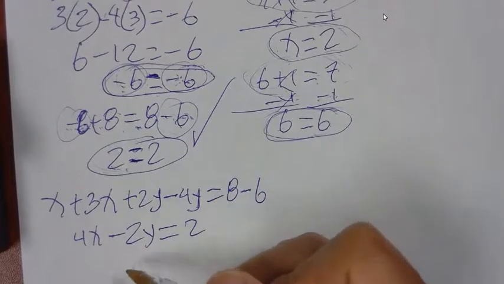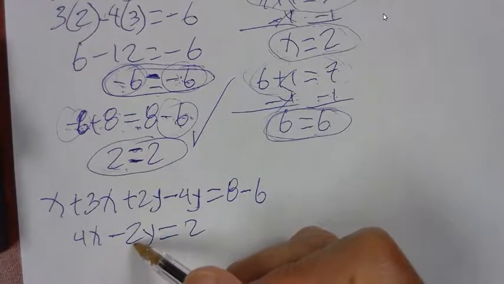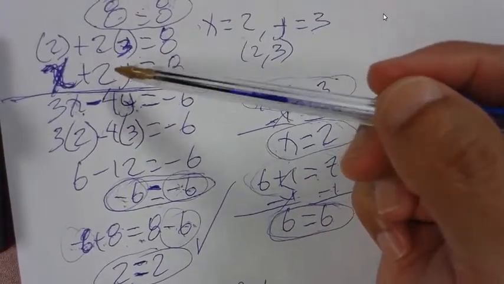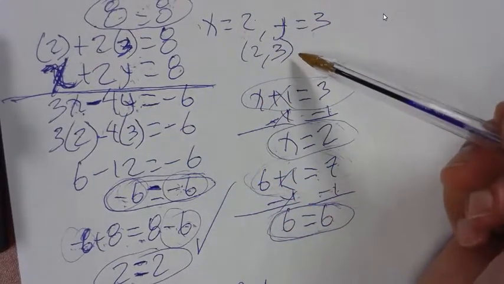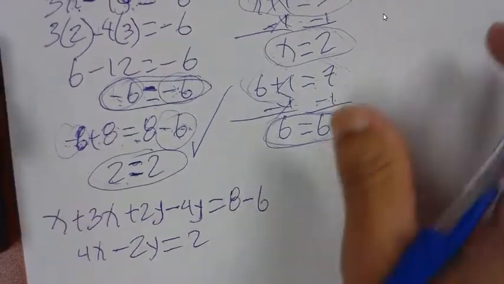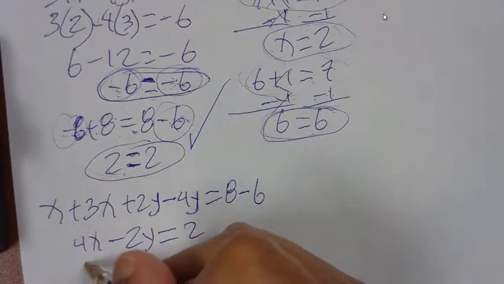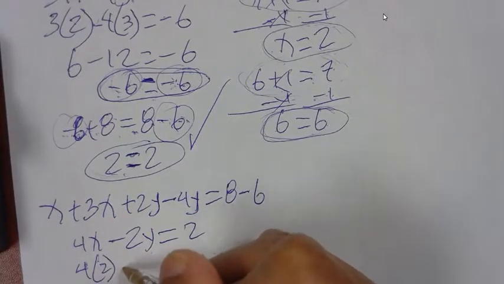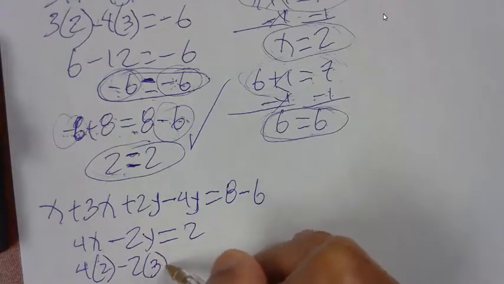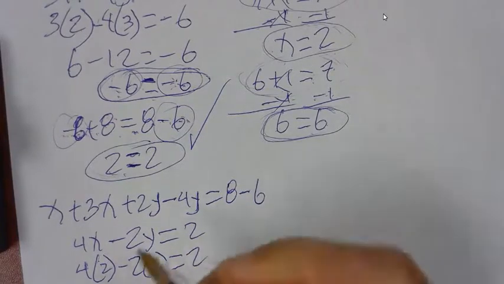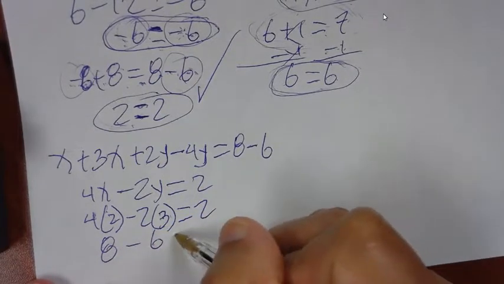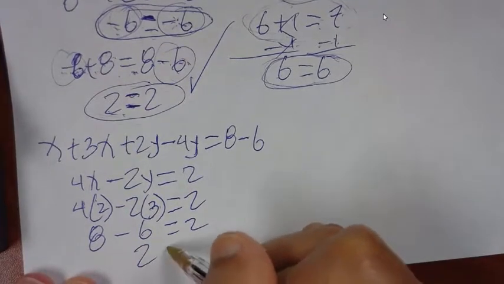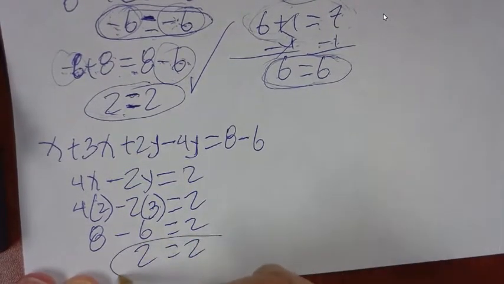Alright, from here, since I know that a solution for these two equations is the ordered pair 2 and 3, I can substitute 2 for x here and 3 for y here, and then just multiply 4 times 2, that's 8, and negative 2 times 3 is negative 6, equals 2. 8 minus 6 is 2, and the equation is still balanced.